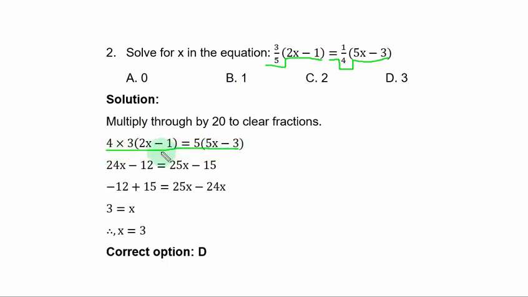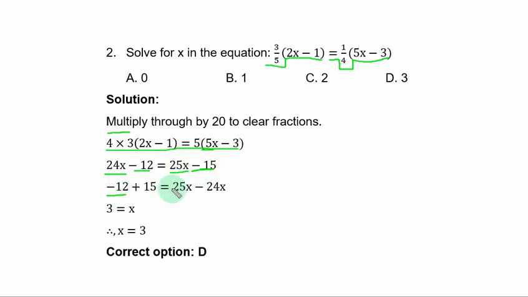If you expand first, 4 times 3 is 12. 12 times 2s, 24s, minus 12 times 1 is 12. 5 times 5s, 25s, minus 5 times 3, you have 15. If you collect like terms, you have minus 12 here.